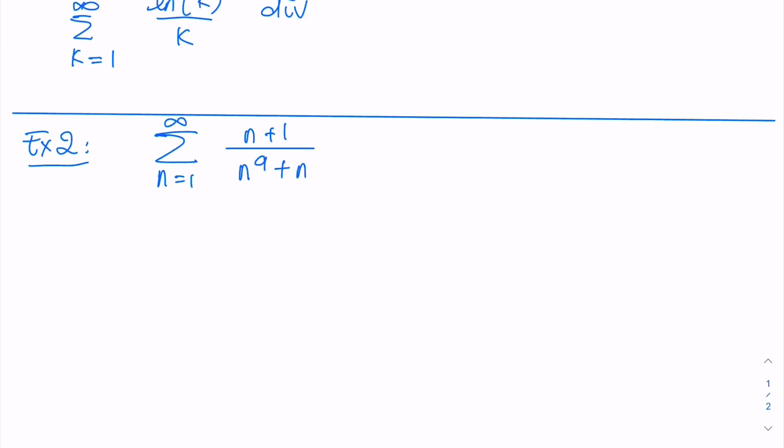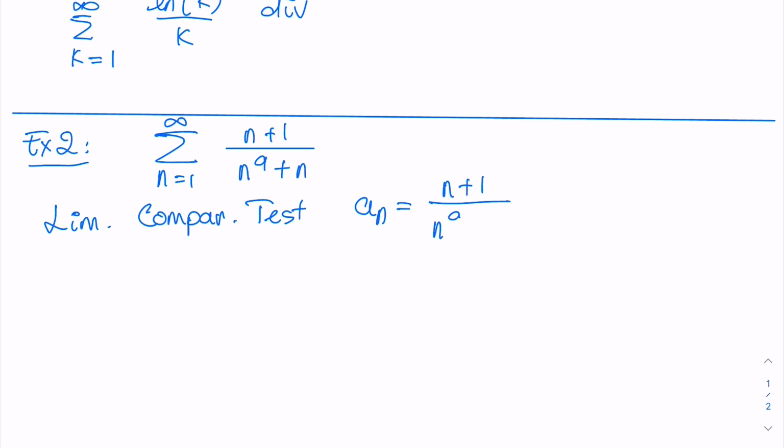For this series, I want to use the limit comparison test. So if I want to use the limit comparison test, I have to take the limit. So a sub n is going to be n plus 1 over n to the 9th power plus n. That's our original series, and the one we want to compare with is going to be 1 over n to the 8th power.